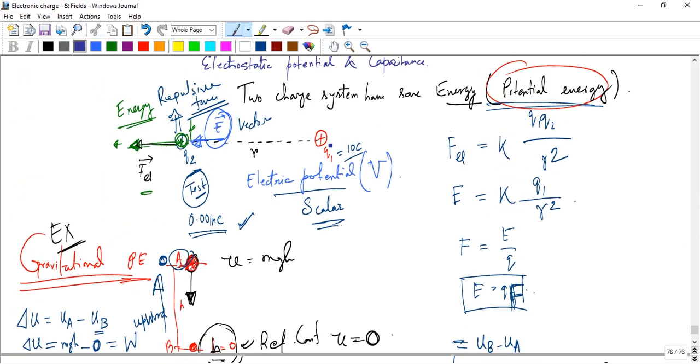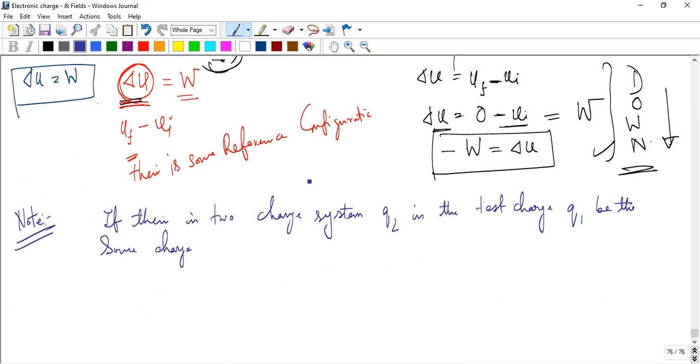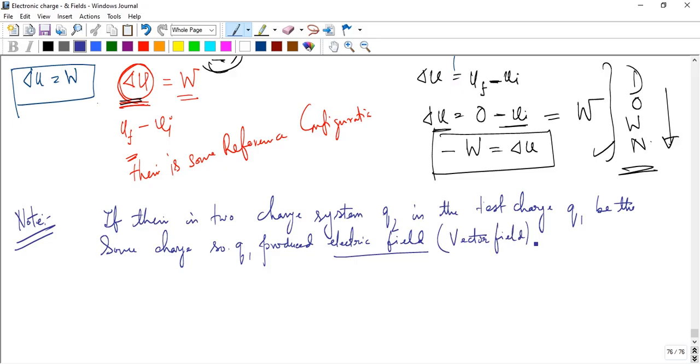Q1 produces an electric field, and that electric field is a vector field. Okay, the field is a vector field, and Q2 is being moved away from Q1.